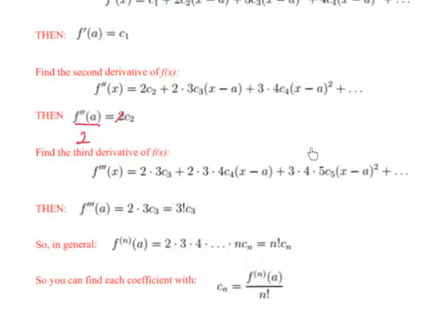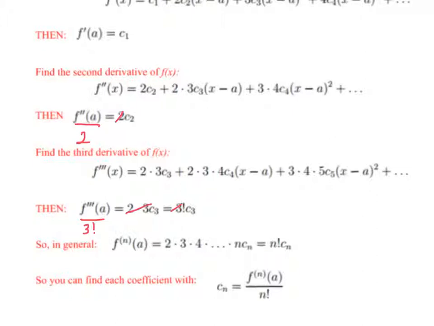We keep dropping a power down. So the third derivative, if we evaluated that at a, this would be gone and this would be gone. So we would just end up with 2 times 3 times c3, or 3 factorial. So to solve for the c3 constant, we would divide both sides by 3 factorial.